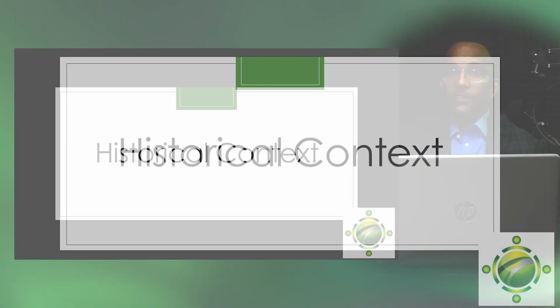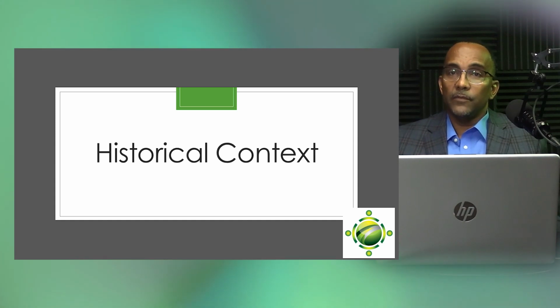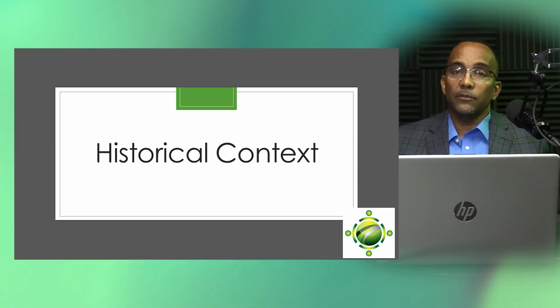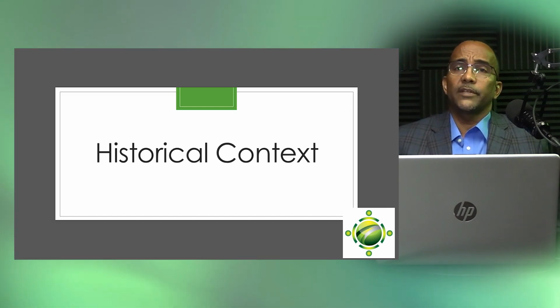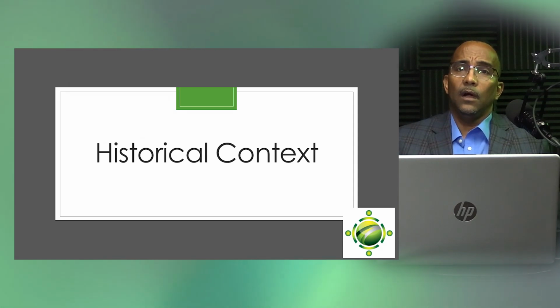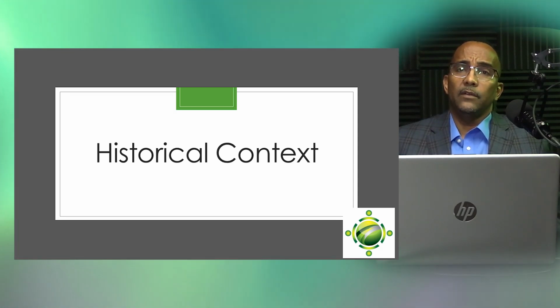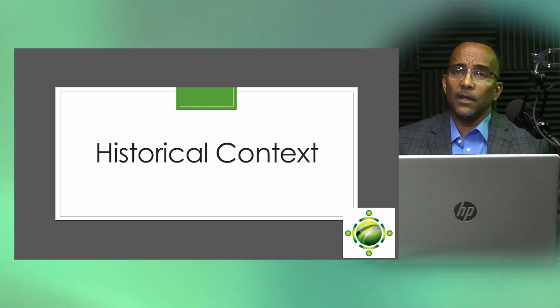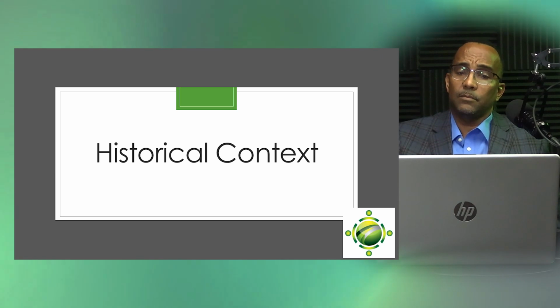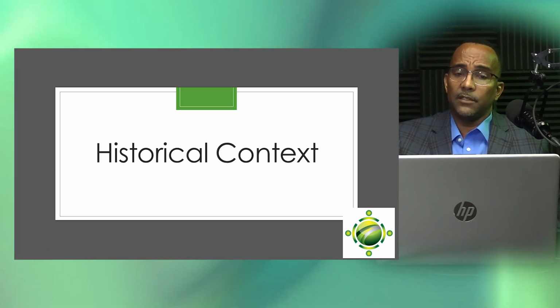So we need to understand these different cultures with respect to the historical context within which they've been in this country. That's very important because that's something that has shaped various ethnic minority groups in their relationship, in terms of their experiences or their ancestors' experiences in this particular context in the United States.